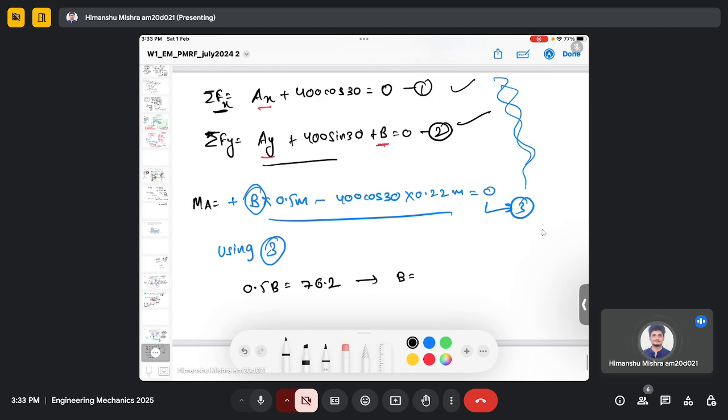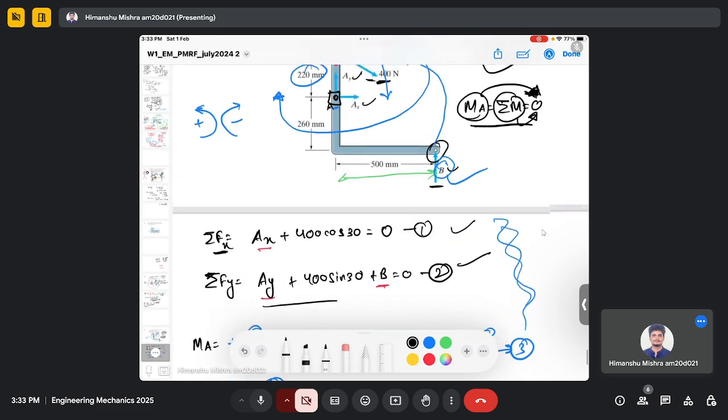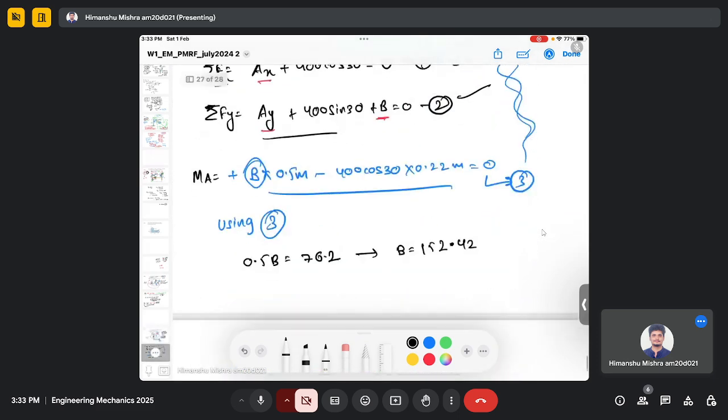So B will be 152.42 Newton meter. Sorry, this is force. Sorry, so this is Newton. 152.42 Newton. So this is the value of the force at B that we got.